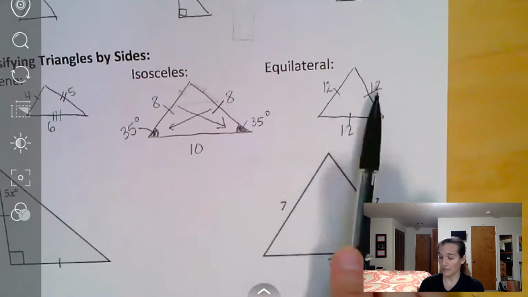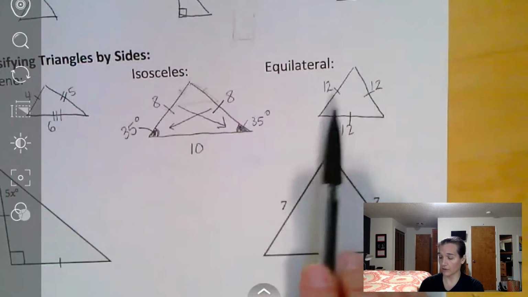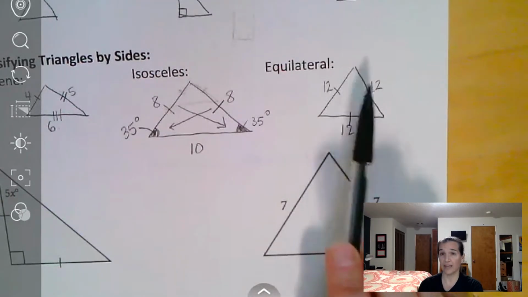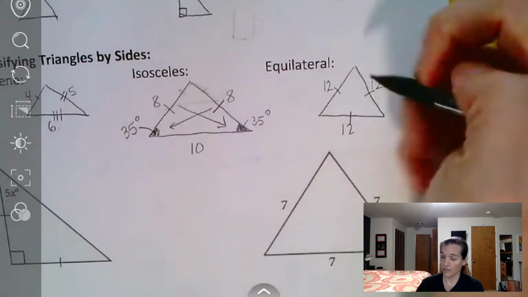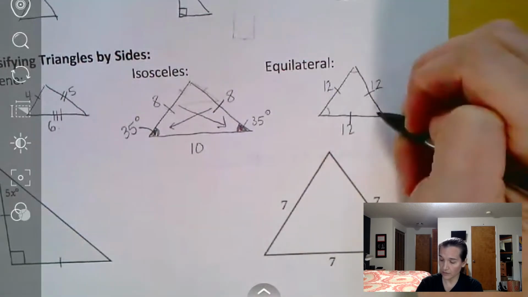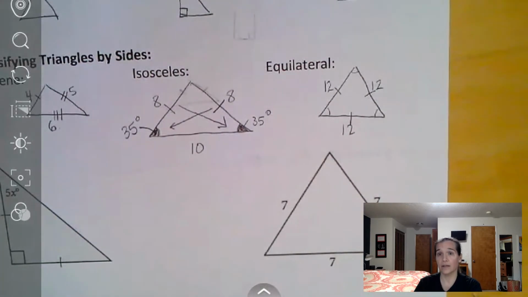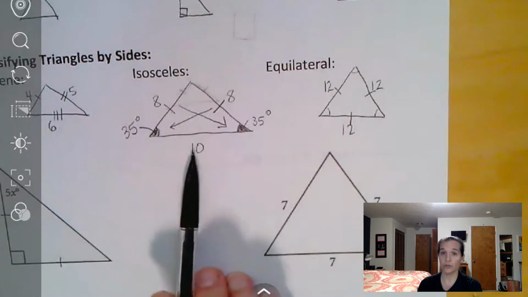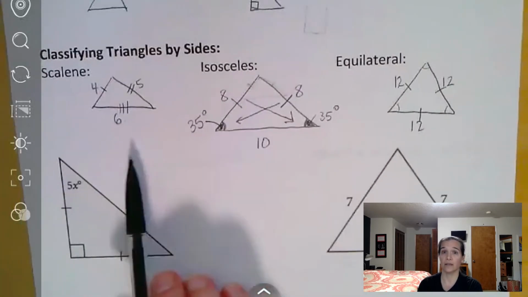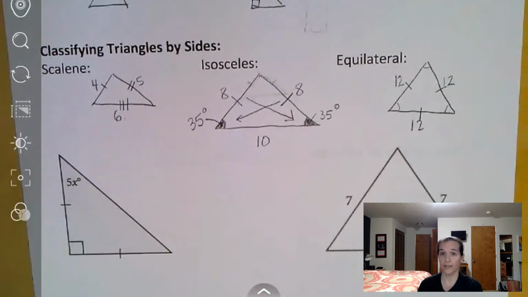Well, the same thing goes here. This angle has to be equal to that angle, has to be equal to that angle, since all the sides are the same. So we pretty much just have 3 equal angles here. And I'm going to show you what each size is in just a moment on our problem below. So equilateral, 3 equal length sides. Isosceles, 2 equal sides. And scalene, no equal sides.